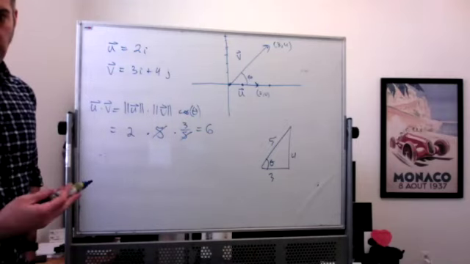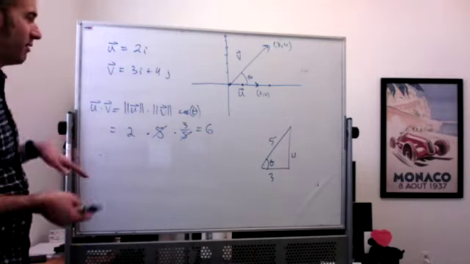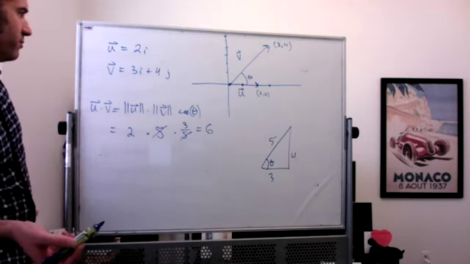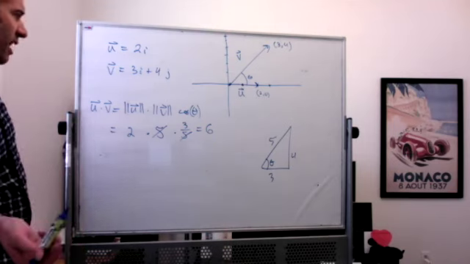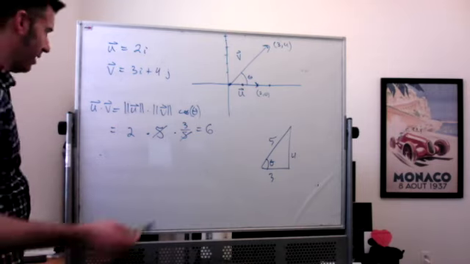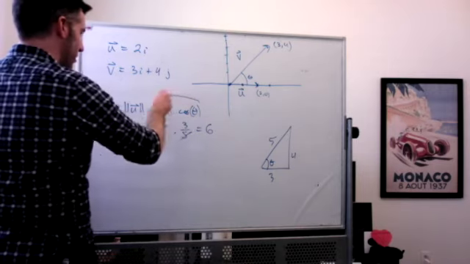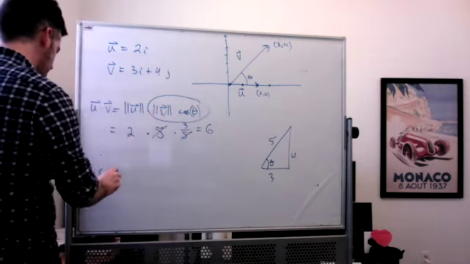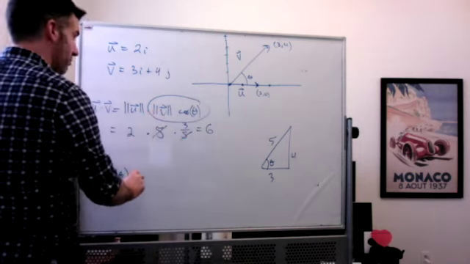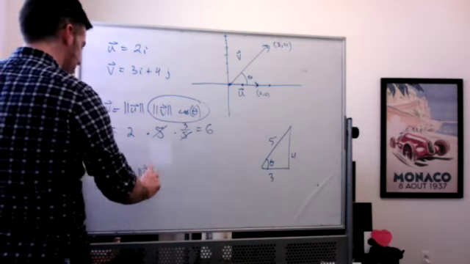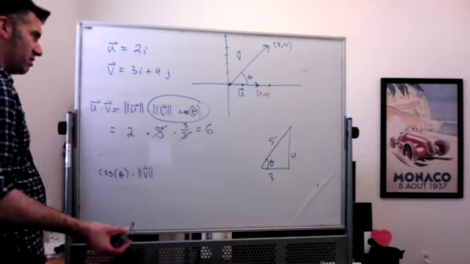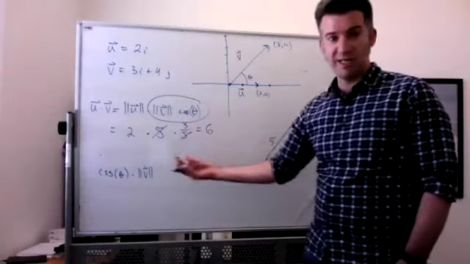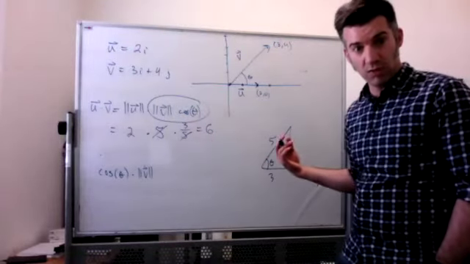Okay, so here's the thing. Instead of doing this thing where we're drawing this triangle, I might point out, in fact, take a look at this. Cosine of theta times the magnitude of v here, well, that's just going to give me however long v is in the same direction as u.